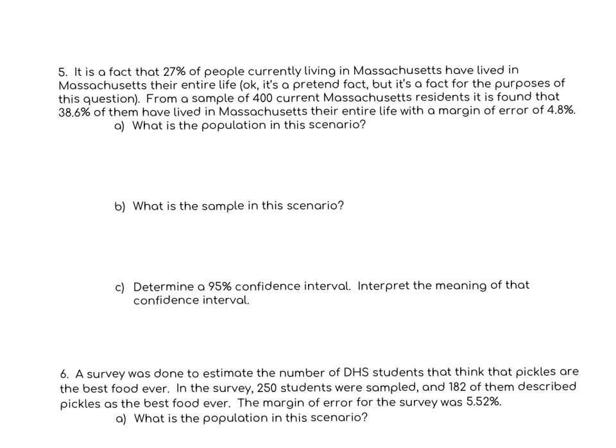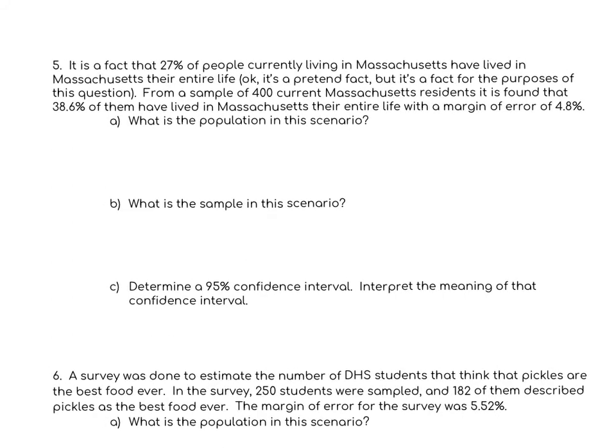Next up, we've got some sampling questions. Here we have to differentiate between samples and populations, and we have to make a confidence interval. The population is everything that we're looking at, not just the people answering things.